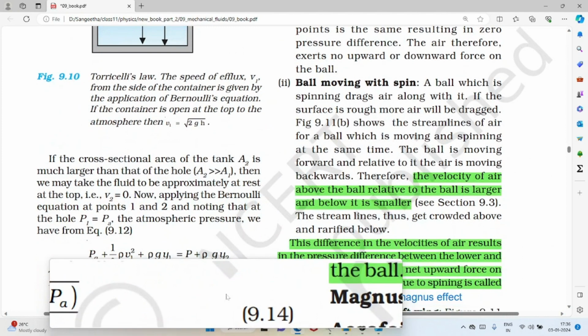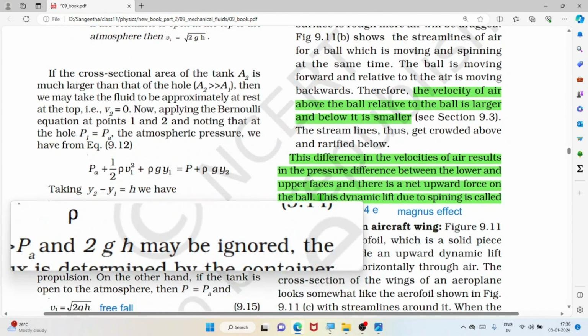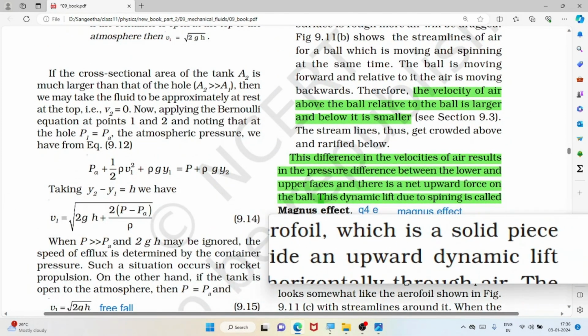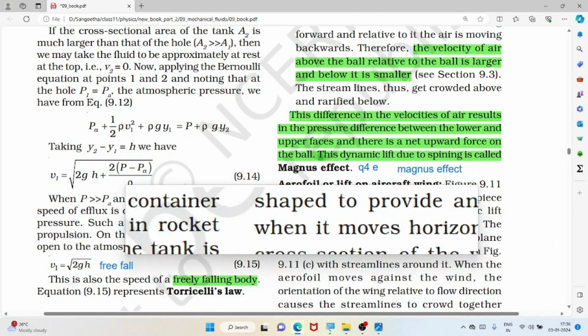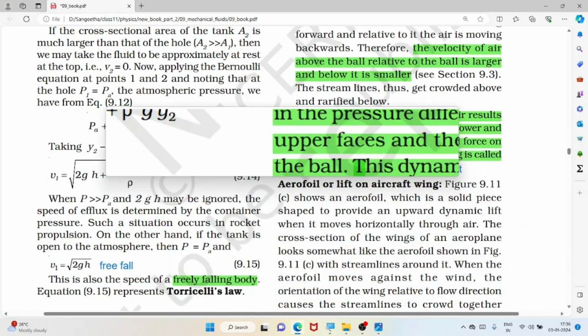Dynamic lift. This is a ball moving with spin. Why is it not taking the parabolic trajectory? Due to the Magnus effect. What is the Magnus effect?